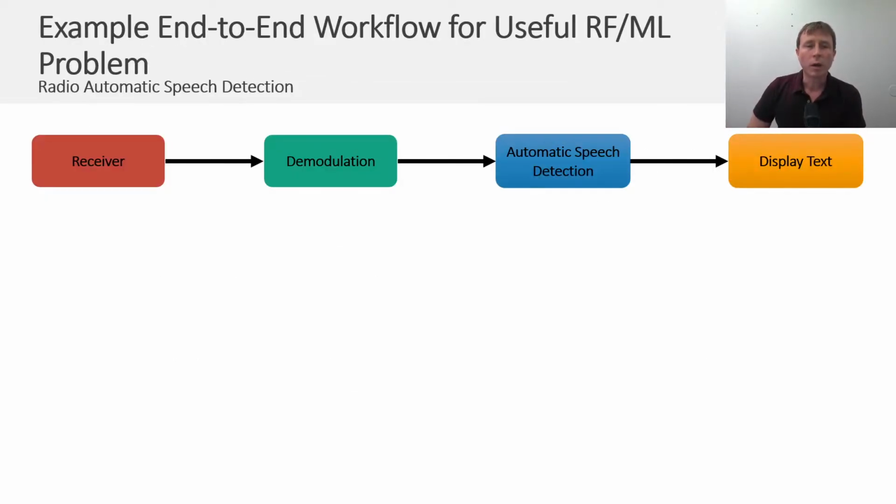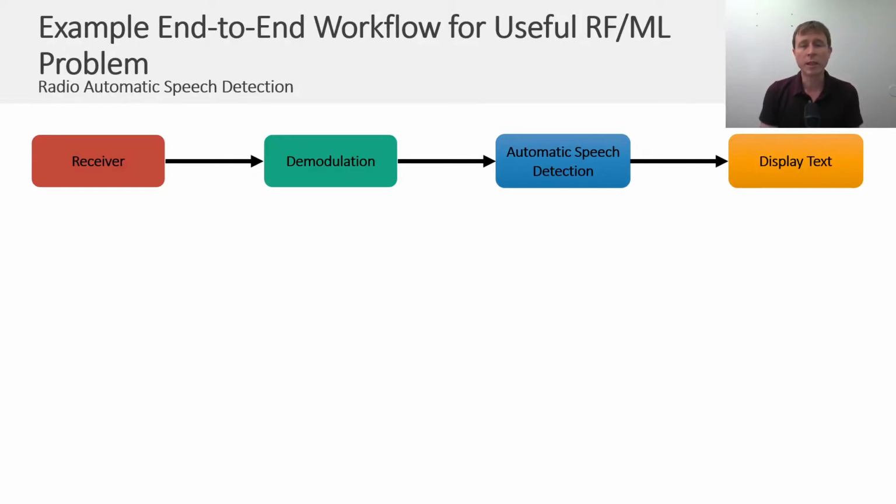So what we're going to work up to today is to create this flow graph here. What we ultimately want to do is have an end-to-end workflow that is interesting, that leverages hardware, CPU compute, and GPU compute. We wanted to leverage signal processing, and we wanted to leverage machine learning.